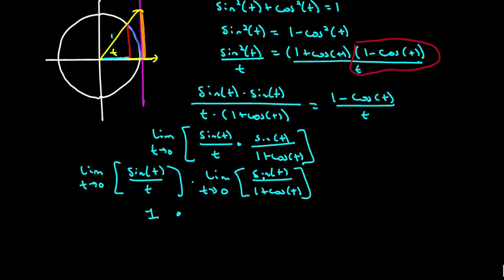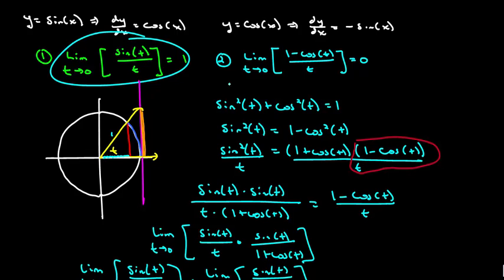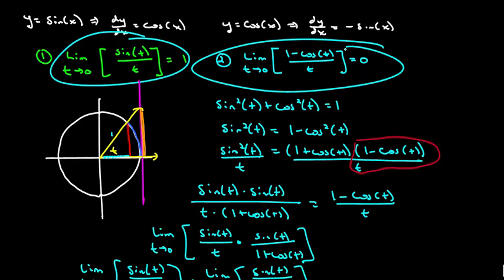And we know that this guy can just be evaluated directly because this is a continuous function at 0. So when I plug in 0 down here, I get cosine of 0, which is 1. 1 plus 1 is 2. So I get 0 over 2. The whole thing is 0. So that means the limit of this is 0, which means the limit of this must be 0. So we've got this guy right here.